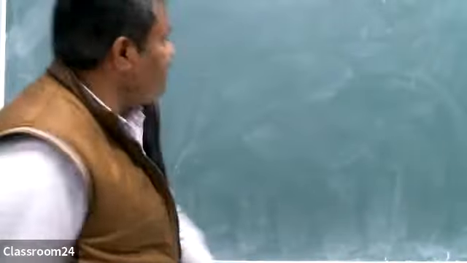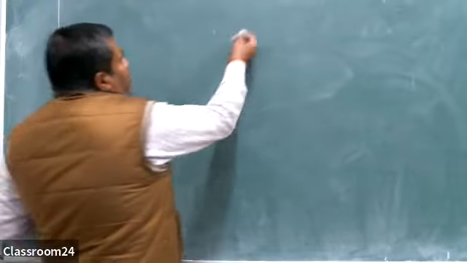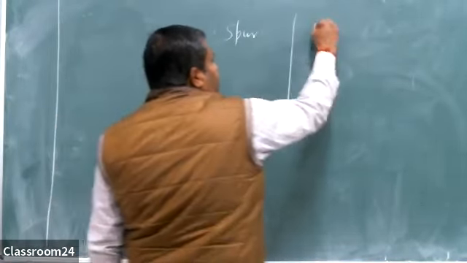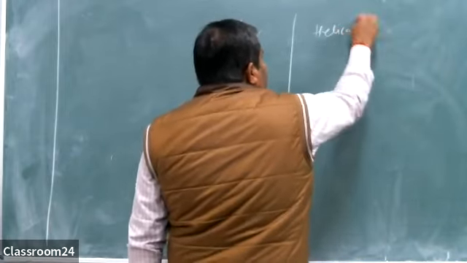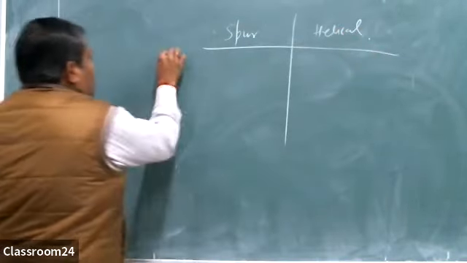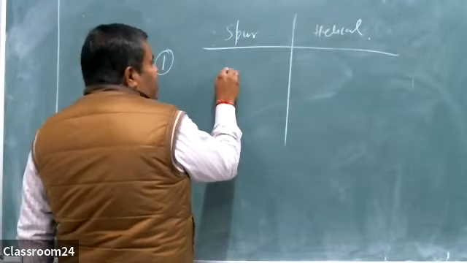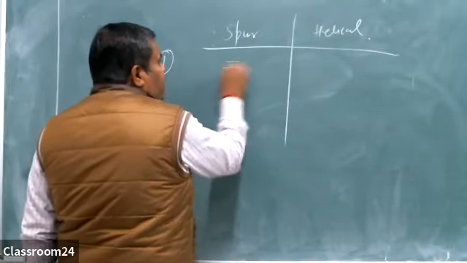So अब देखिए, last topic for today. I was discussing the differences between spur gear and helical gear. So देखिए, what are the differences? In spur gear the teeth are parallel.